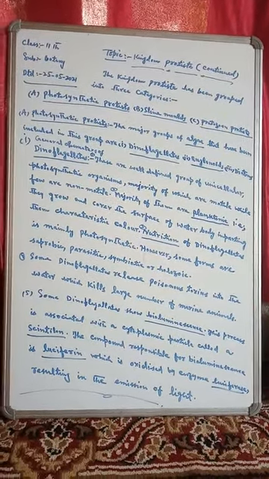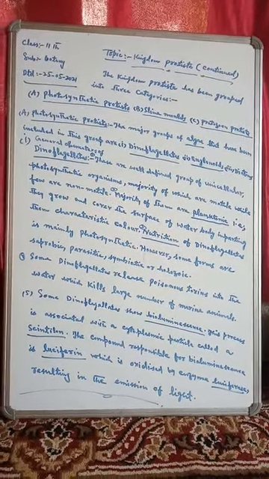Regarding this photosynthetic Protists group, the major groups of algae that have been included are: number 1, dinoflagellates; number 2, euglenoids; number 3, diatoms.